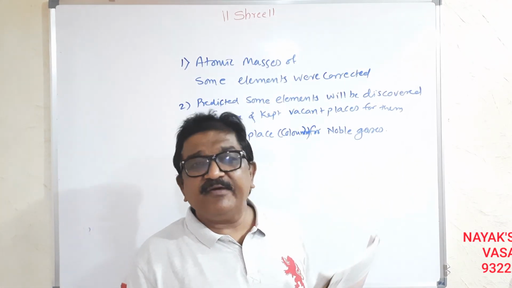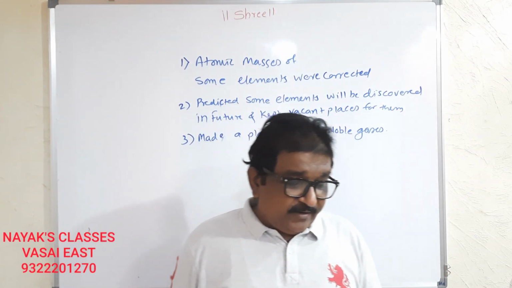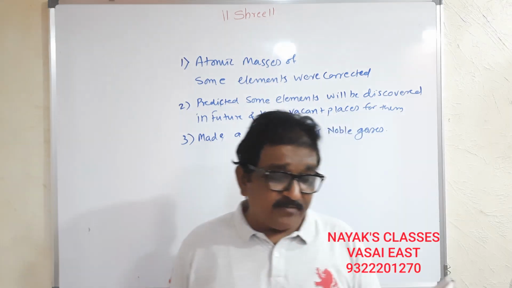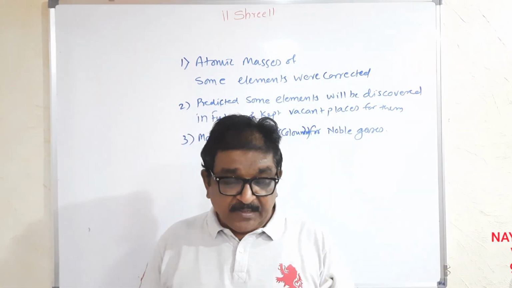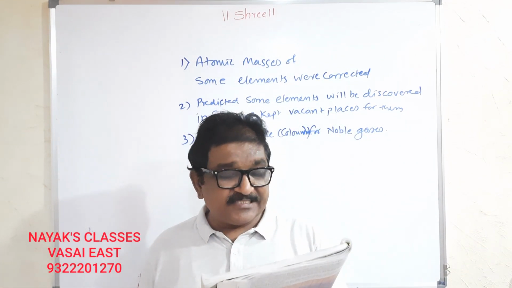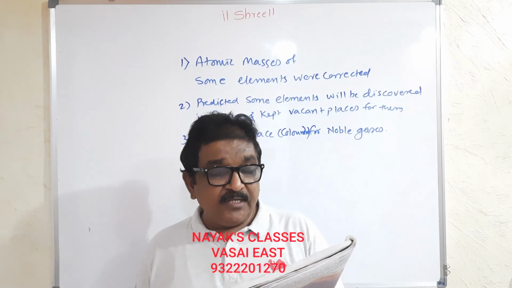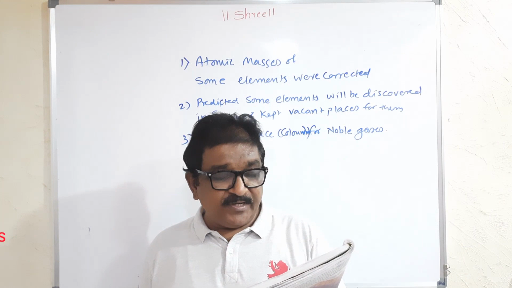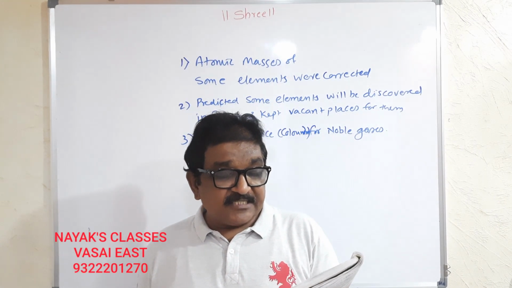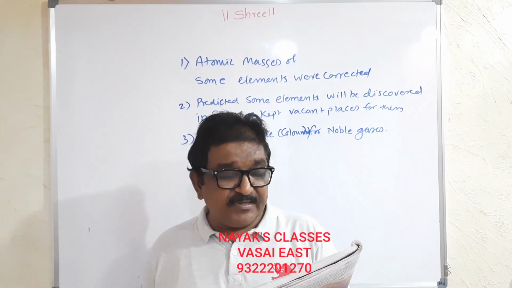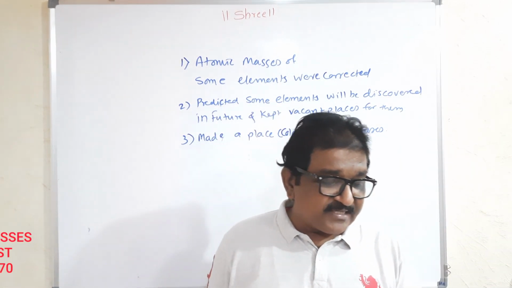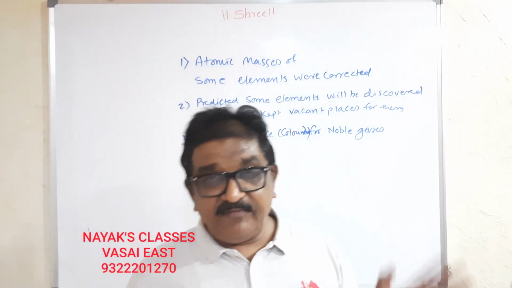There was no place reserved for the noble gases in Mendeleev's original periodic table. However, when noble gases such as helium, neon, and argon were discovered towards the end of the 19th century, a zero group was created without disturbing the original periodic table, in which noble gases were fitted very well.